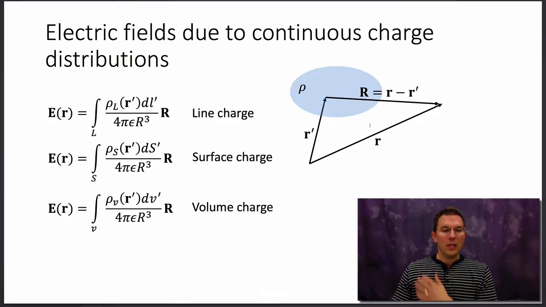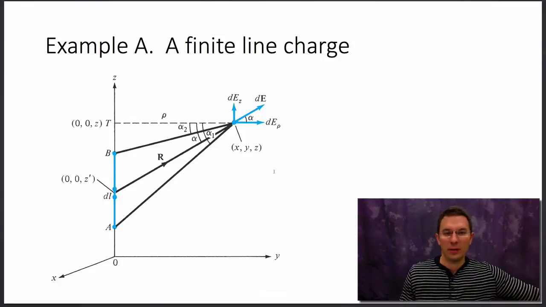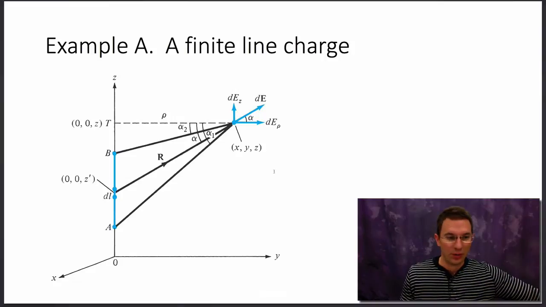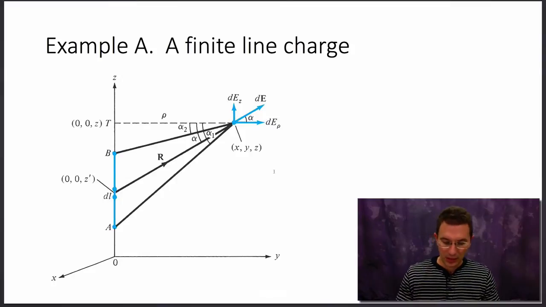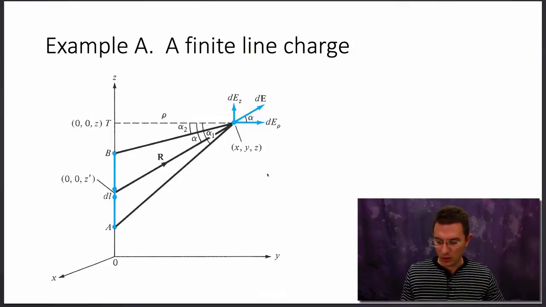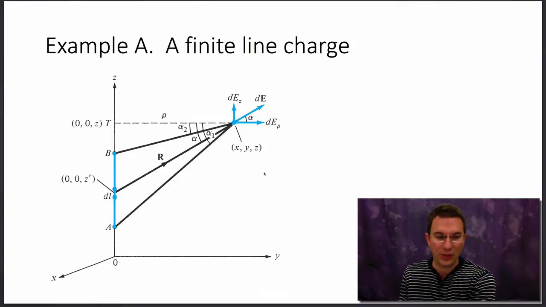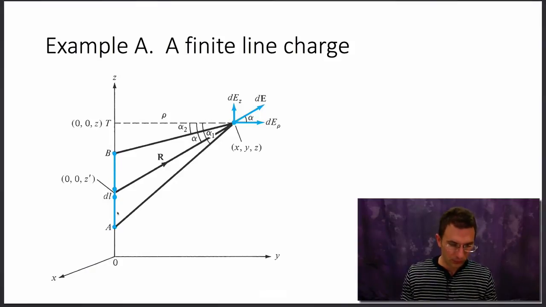Okay, let's see how this would work for a practical problem. Let's say that we have a finite line charge. This is example A in the Sadiku text from chapter 4, and I'm going to turn on my Elmo here, and we'll step through this example slowly together. But here's the basic situation. You've got a line of charge that exists right here from point A to B along the z-axis.